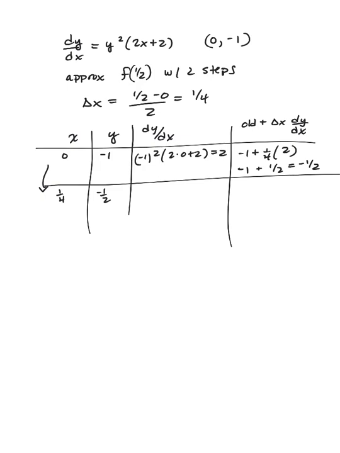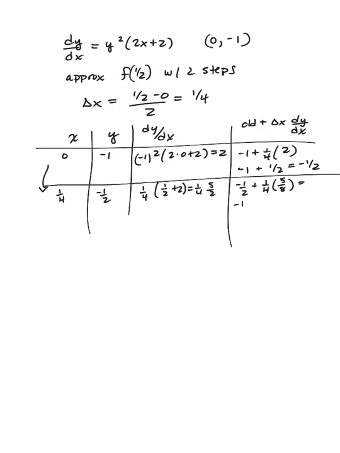Okay, so now we start over. So we have y squared, which would be 1/4 here, times 2 times x, so that would be 1/2 here, plus 2. Okay, so I'm going to make that 5/2 times 1/4. So that's 5/8, right? So now I have my old y plus my delta x times dy/dx, which is 5/8.